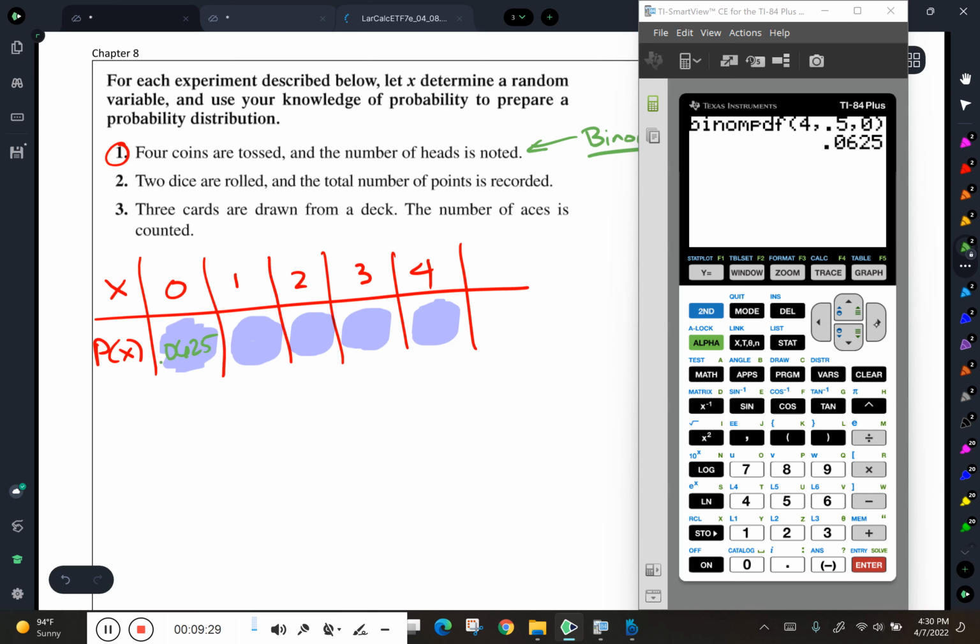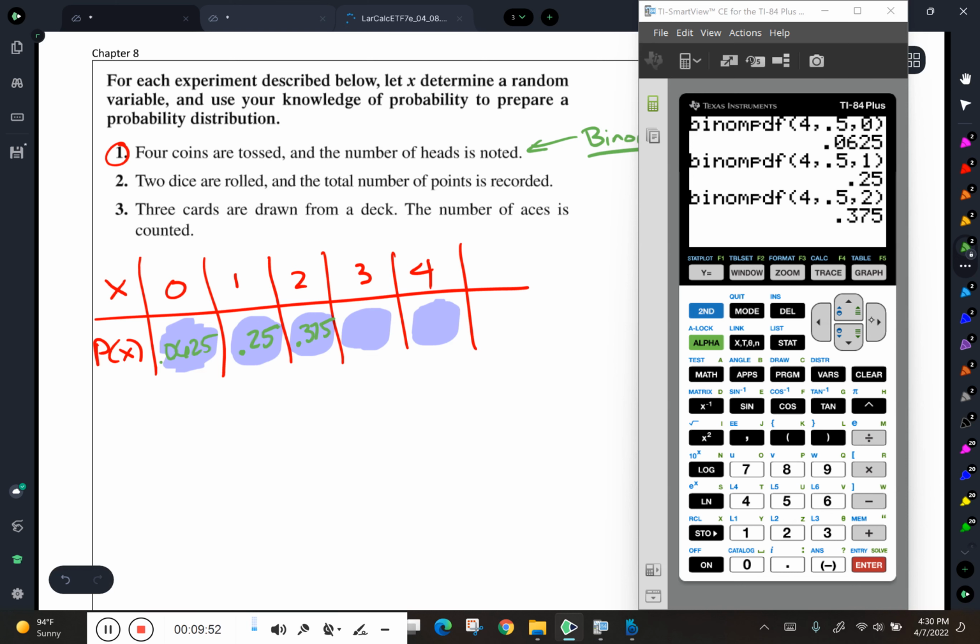0.0625. And then I want to do that again, but I want to have 1 head. So that's going to be 0.25. Then I'll do it again, because I want it to have 2 heads, 0.375.